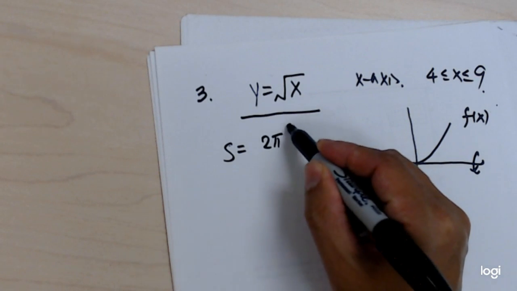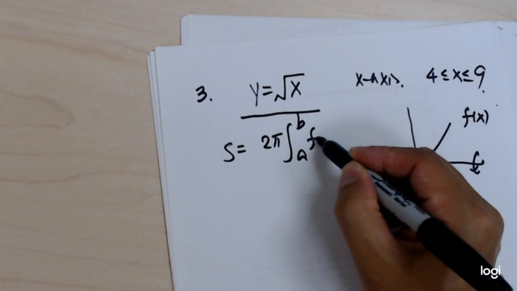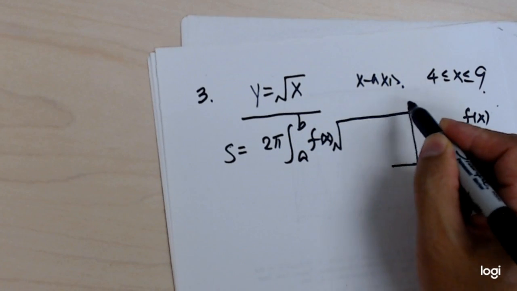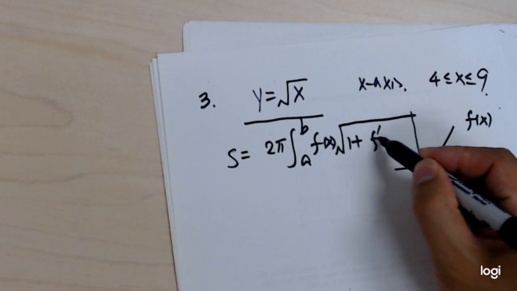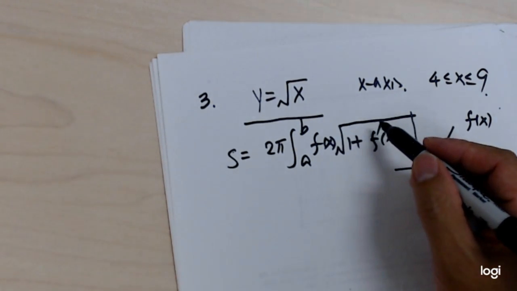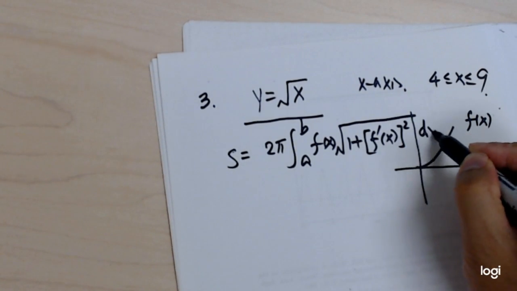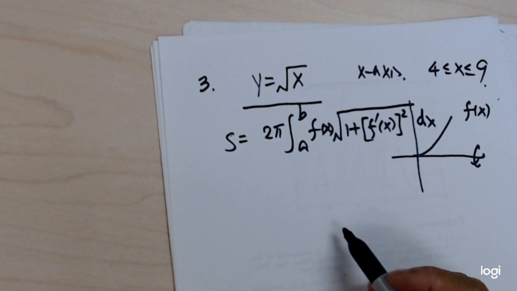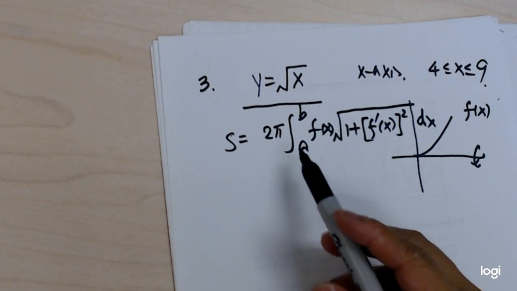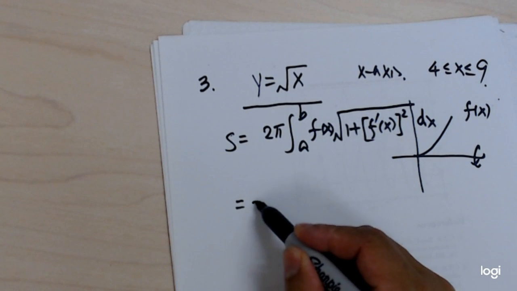2 pi f of x square root of 1 plus f prime squared. Okay. So now my f of x here is square root of x.